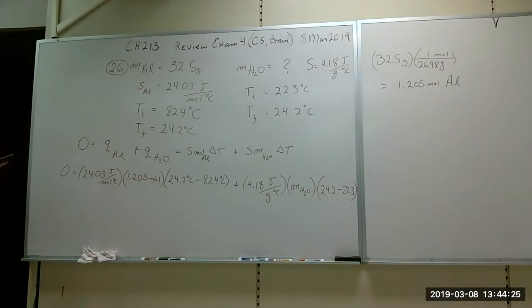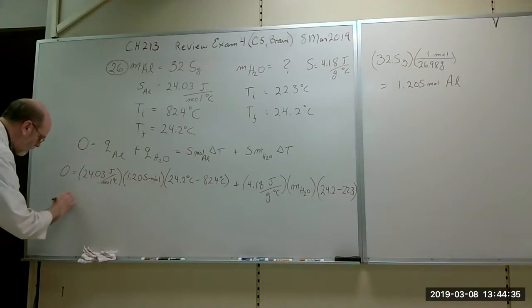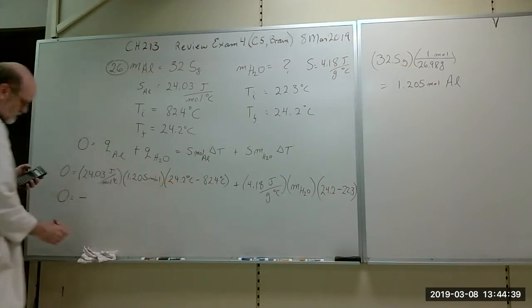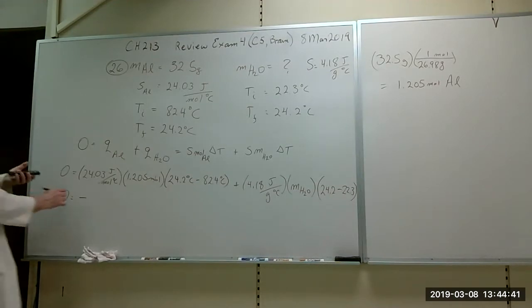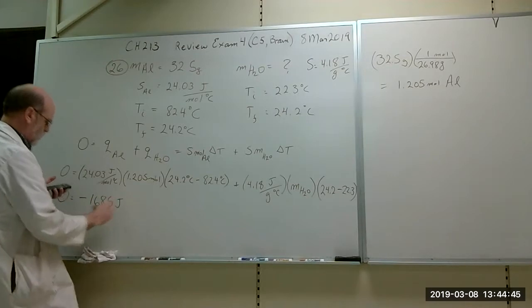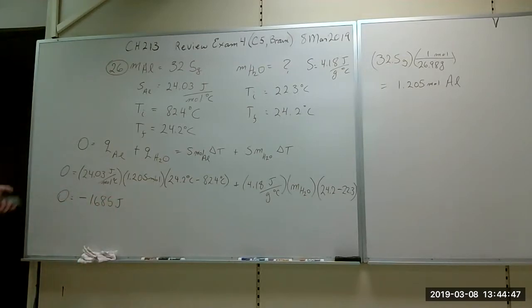Okay, 24.2, 82. So this one is negative because of that. 1685 joules. 1,600 joules.